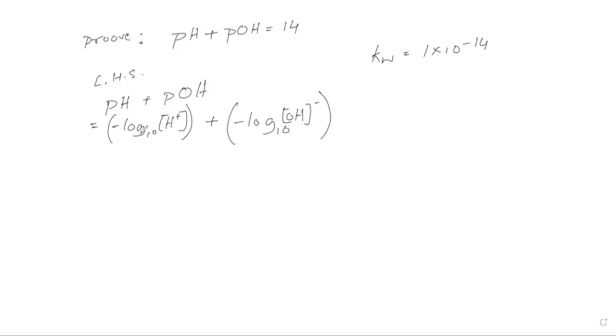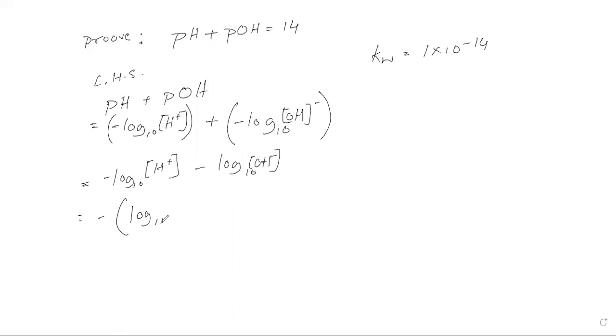That's what it means, isn't it? Now, if we break the brackets, we are left with negative log base 10 of H plus minus log base 10 of OH minus.